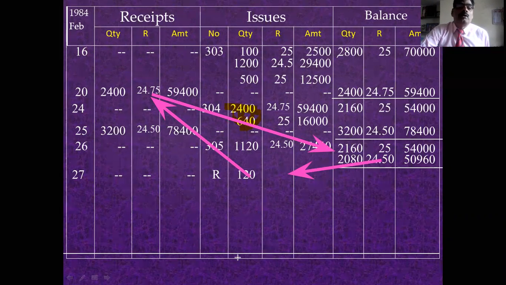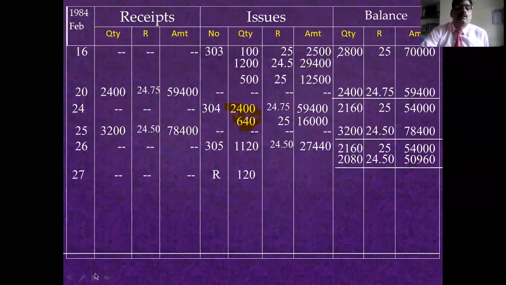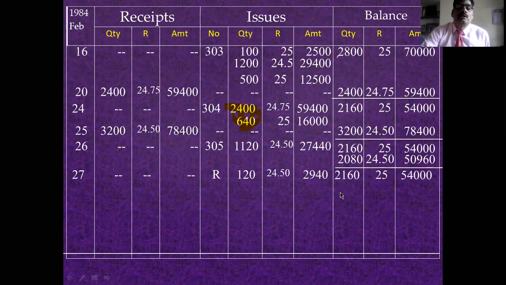This is the point you remember. Amount is 2,940. Now balance is 2,160 at the rate of 25, 54,000. Then remaining is 1,960 at the rate of 24.50, 48,020.